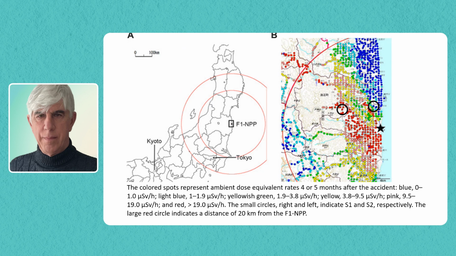In this case, you see a number of circles with different colors, and the two reservoirs are shown here. Here is the nuclear power plant, and you see that the radiation is not homogeneous. In this case, distance may be a good marker.